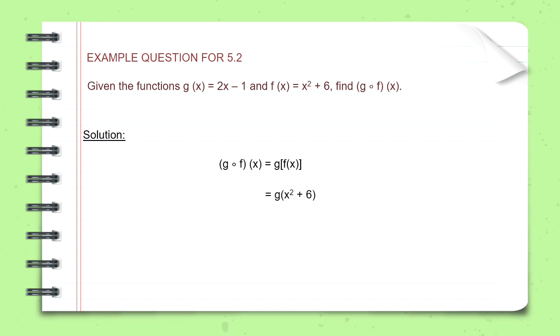So we substitute function f(x), which is x squared plus 6, into g(x). Instead of the object x here, we change the object to be x squared plus 6. So we replace the x with x squared plus 6. Then we simplify it, we will get 2x squared plus 11.